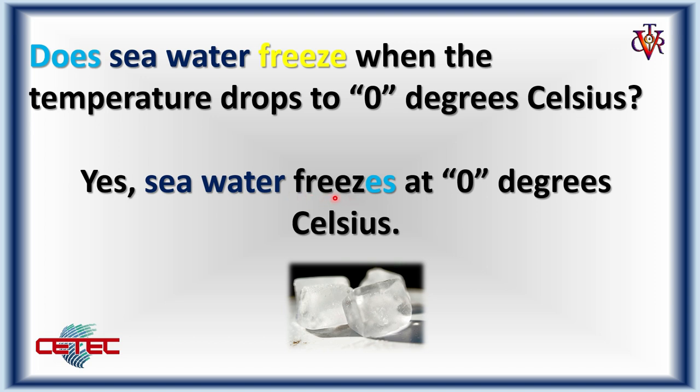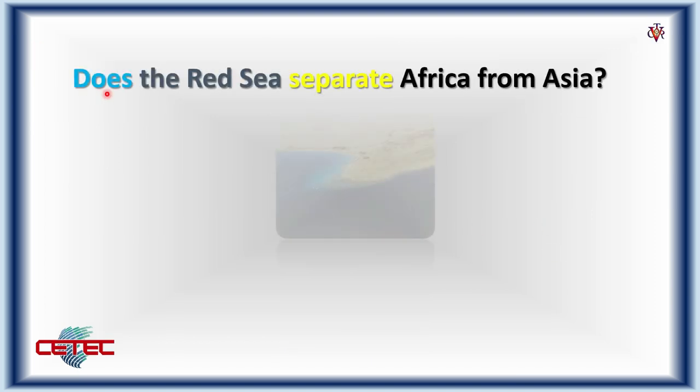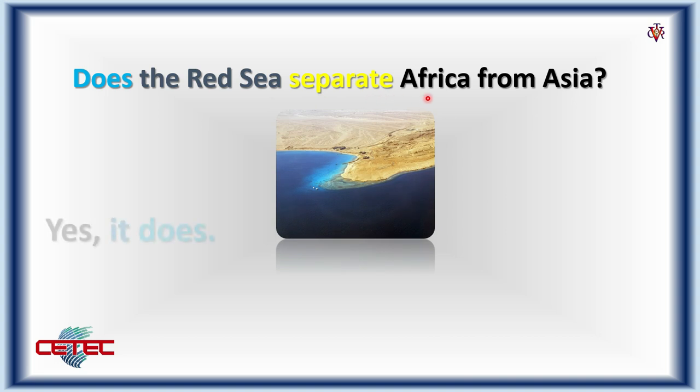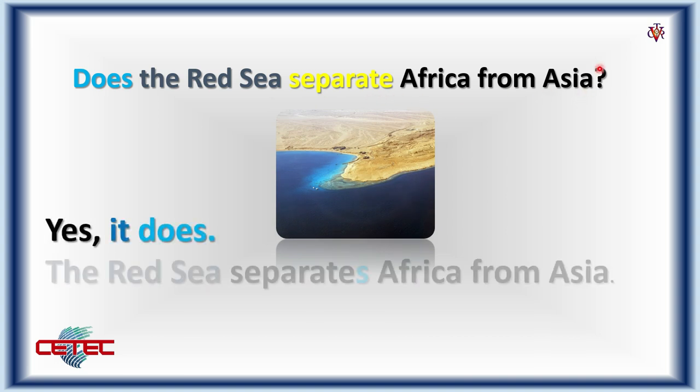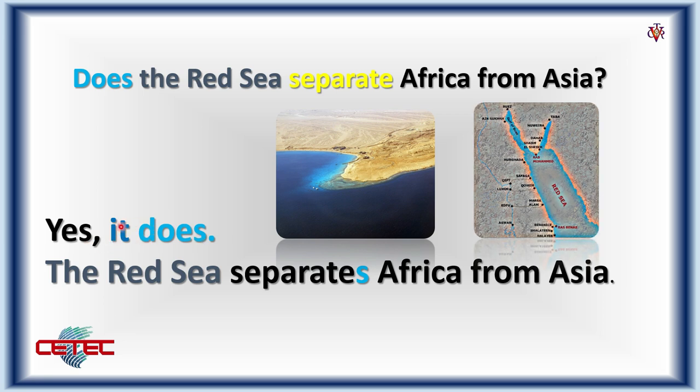Now let's see another question. Does the Red Sea separate Africa from Asia? Question mark. Yes, it does. The Red Sea separates Africa from Asia. In that sentence, when we talk about a thing or place, they use does.